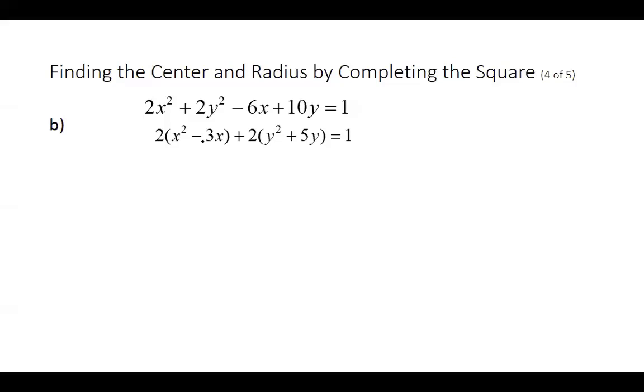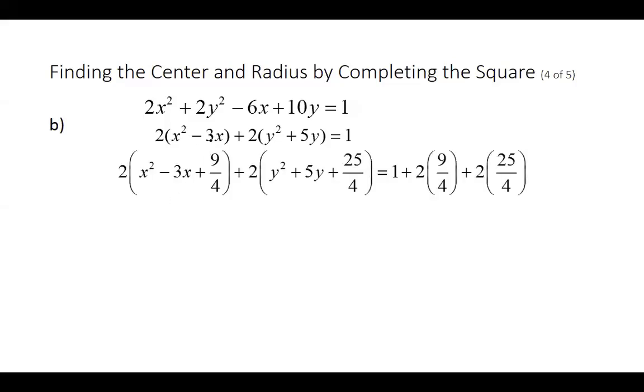You have to be careful with this example, so it's slightly different from the last one that we didn't have a coefficient. So in this case, you would find that you need to take the coefficient of x, which is -3, divided by 2, and you square it. So in this case, I take -3 divided by 2, and I square that. That gives me 9/4.